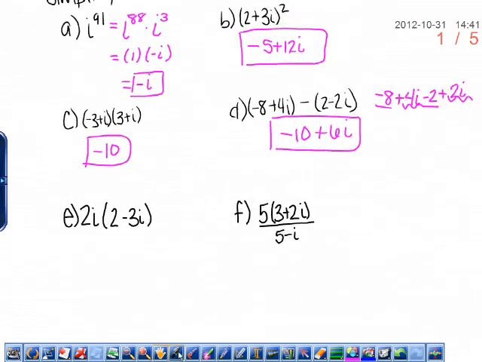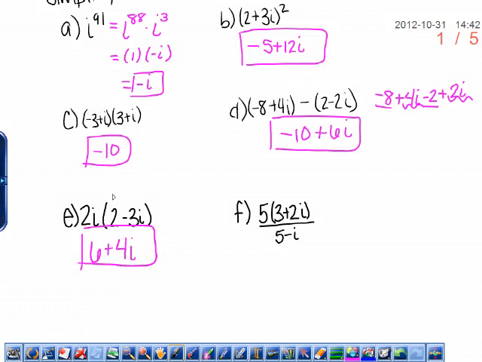All right, E, you should have gotten 6 plus 4i. Any questions on that one? Does it matter if you had 4i plus 6? Yes. The most simplified form is 6 plus 4i. It's got to be the real part and then the imaginary part.